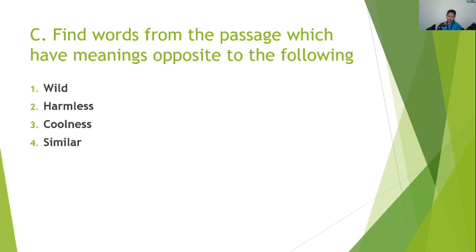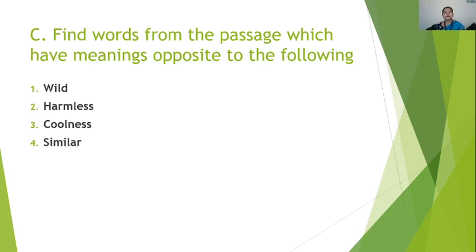Okay, carry on. Everybody carry on. I want everybody to please find out the opposites of these given words. As soon as you find them, please write them in your rough notebook or you can underline in your book also.